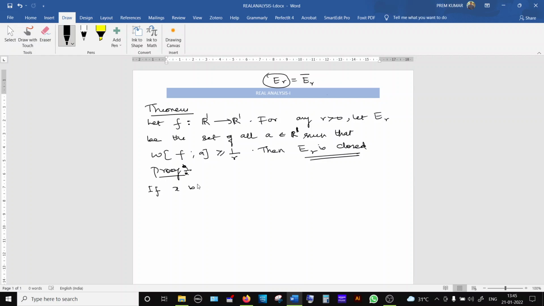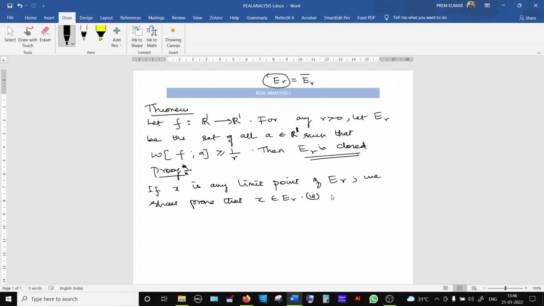If x is any arbitrary limit point of the set E_r, we shall prove that this x belongs to the set E_r.